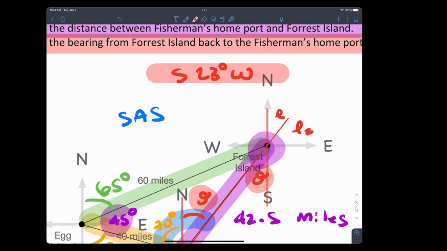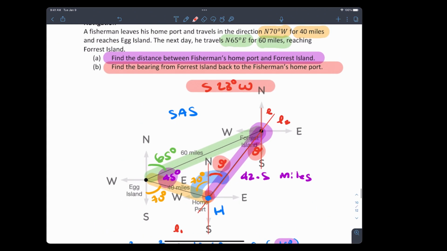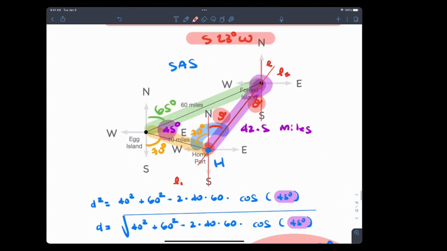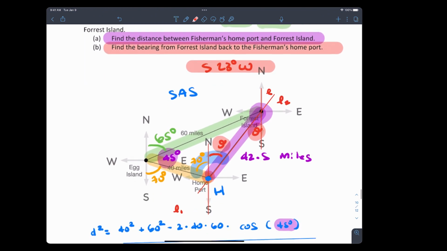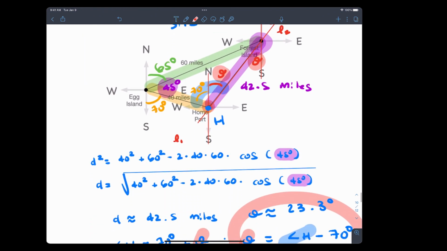The picture is important. Yesterday, our picture was off because the city home port was actually to the right of Forest Island, and it's really to the left. And even the picture still is not as good as it should be. But as you guys know, the process is important, and that's your angle, and that's how you get back home.